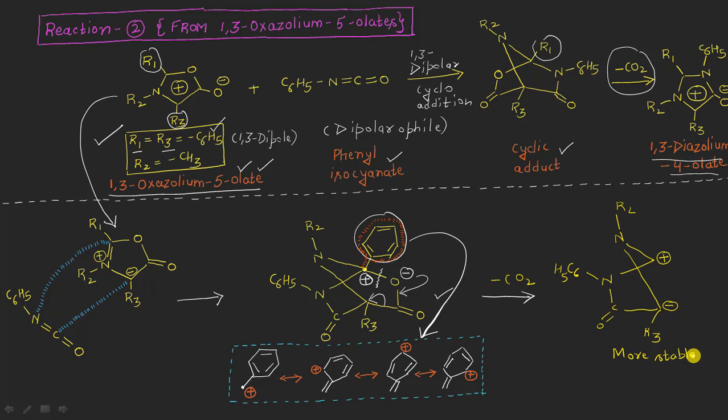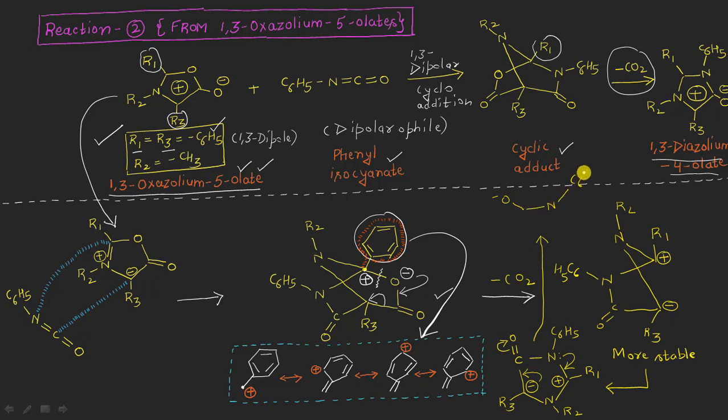And we can also say that after this is generated, we can always show this type of structure. And finally, I do not have space on this side, so let me draw it here. When this negative charge is present in resonance in this way, as well as the nitrogen lone pair, I will have a structure something like oxygen negative, single bond, this carbon atom, then the nitrogen with C6H5, a single bond, R3.